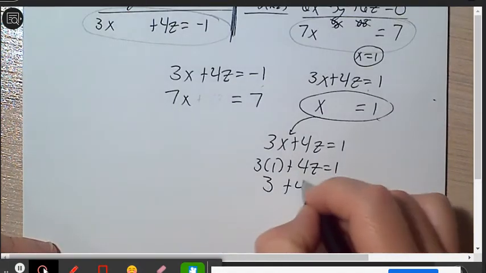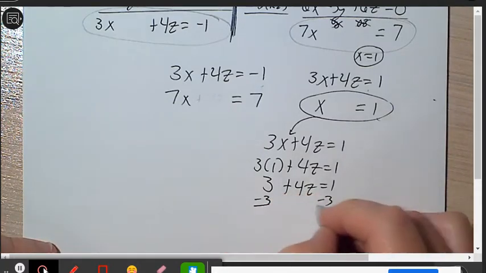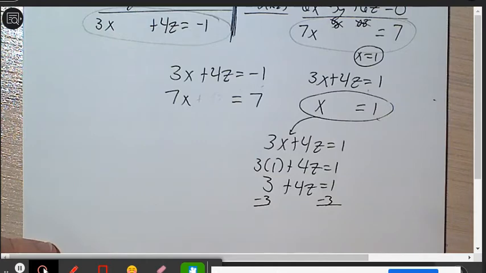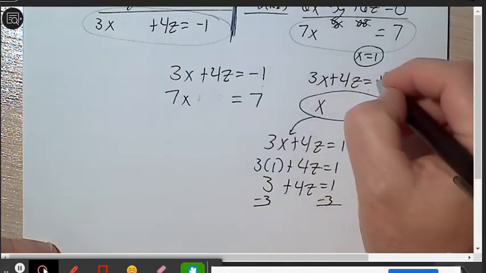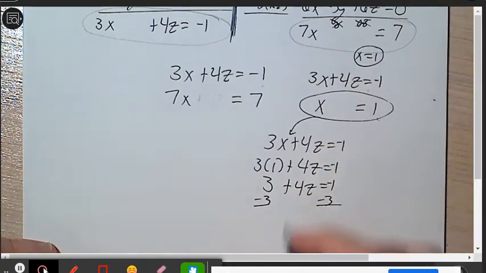That's 3 plus 4z equals 1. Subtract 3 from both sides. Oh, that's a negative 1. Forgot my sign there. Hang on. Okay. That's 4z equals negative 4. Divide those two numbers, so we've got z is equal to negative 1.